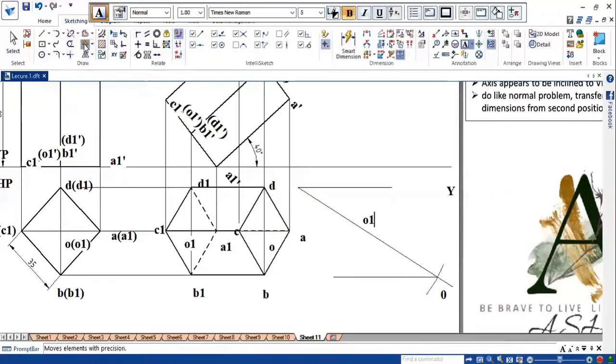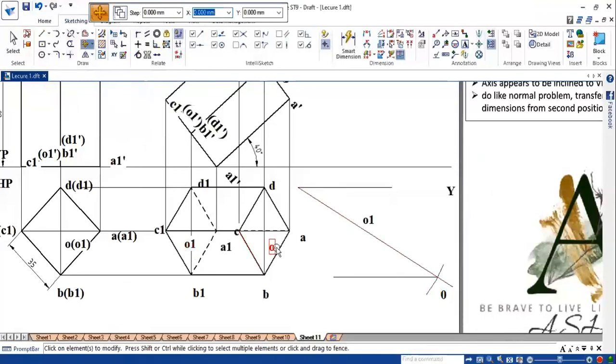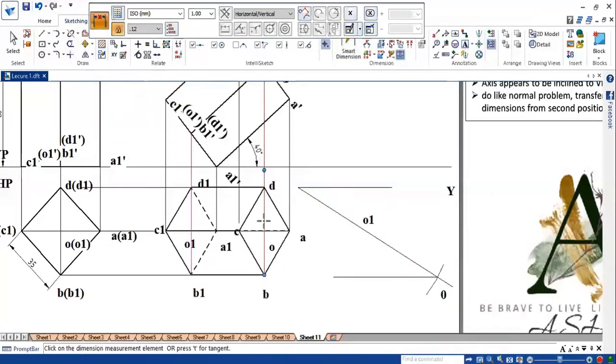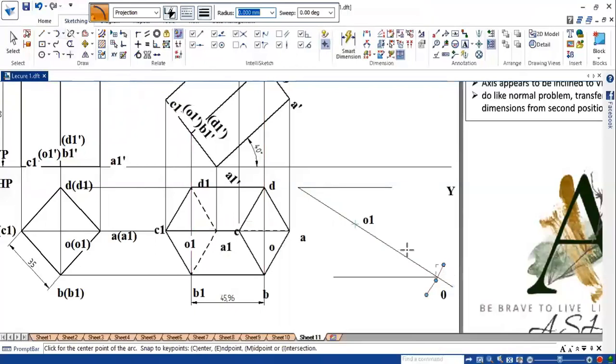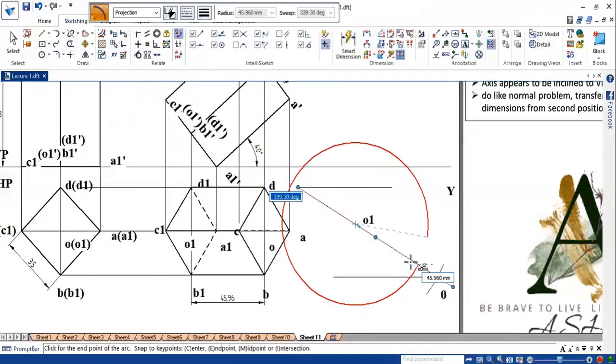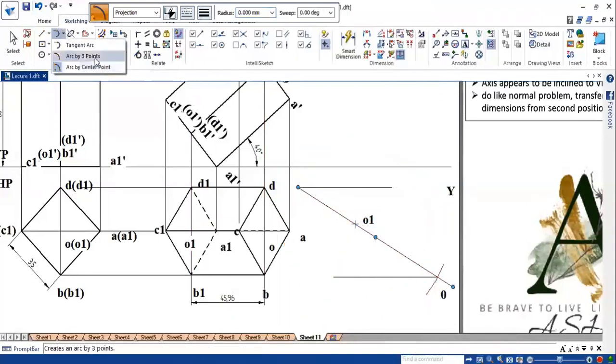Now measure O to O1 from the second position since it is a beta angle. Okay, 45.96. Use arc by center point method with the same center. Measure 45.96, that is the radius. Draw an arc. Okay, again go for arc by center point method.